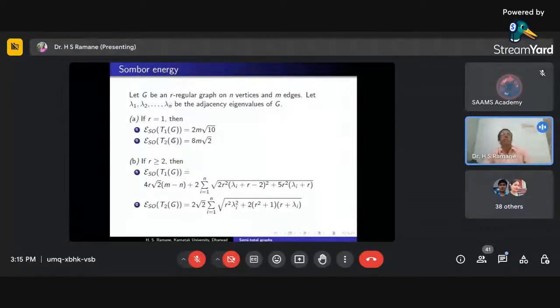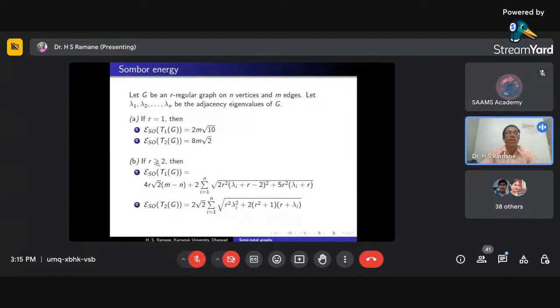Then Sommer energy. Here also, analogous to the ordinary graph energy, the Sommer energy is the sum of the absolute values of the eigenvalues of the Sommer matrix. If r is 1, meaning a matching, the Sommer energy of T1G is 2m root 2, and for the semi-total point graph it is 8m root 2.